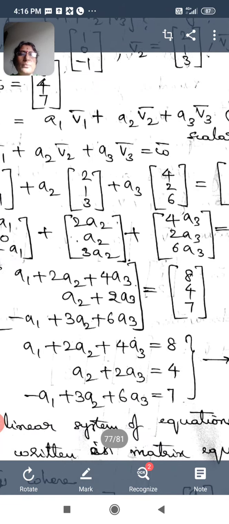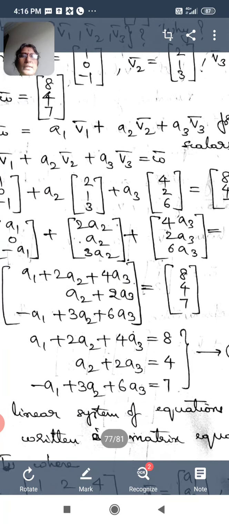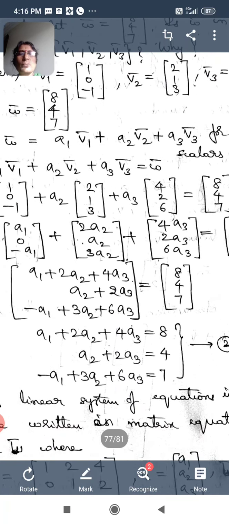Now at this stage we are left with two column vectors of the same order equated to one another. That means these are two matrices of the same order and they are equal.